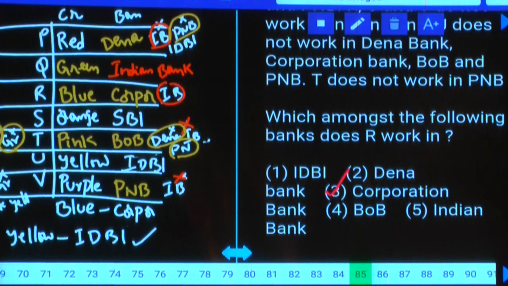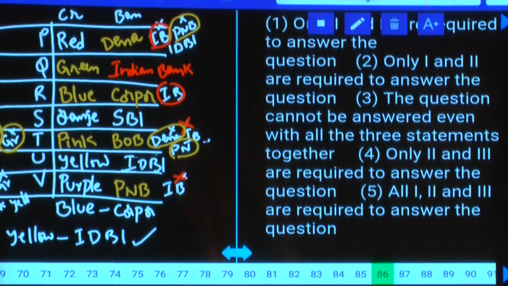Now this is about question numbers 81 to 85. Then after this, 86 to 90. Now these 5 are based on data sufficiency, and that too 3 statement data sufficiency. First write down this information.